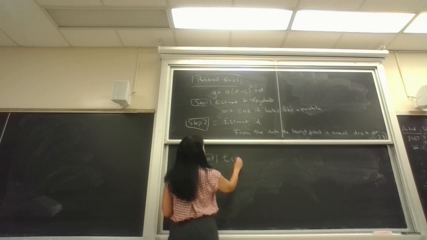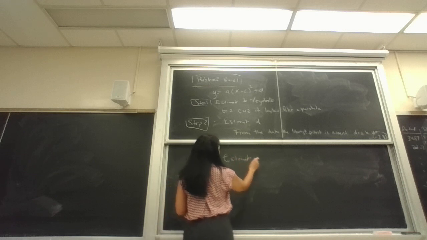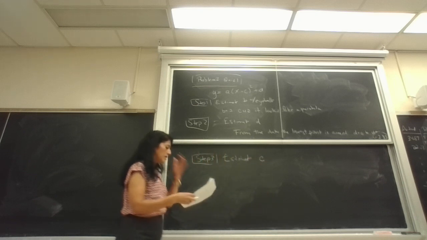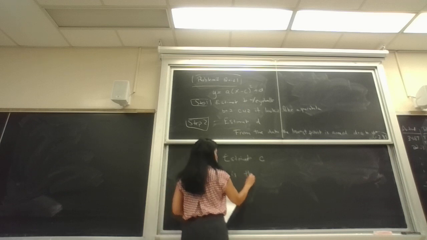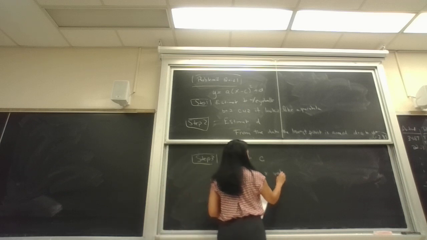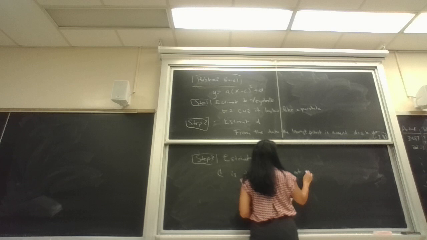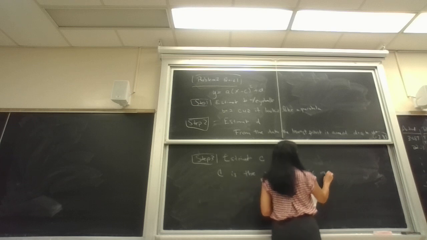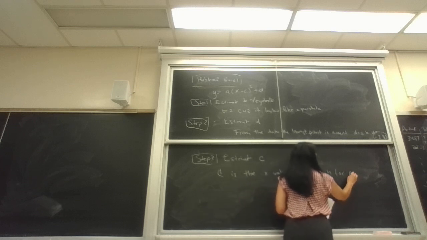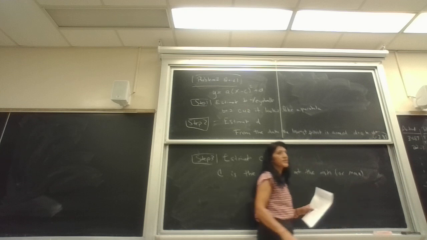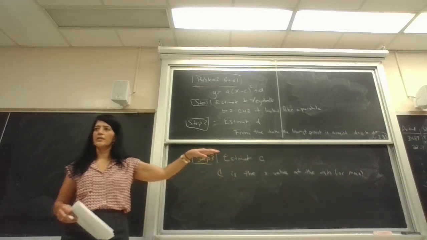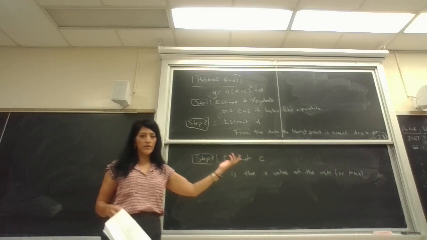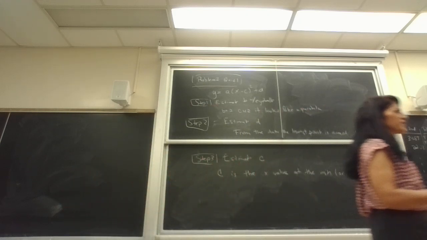Step 3: estimate C. That's the horizontal shift. Where is that placed on the x-axis? So you look at your graph. It's around 5-ish.